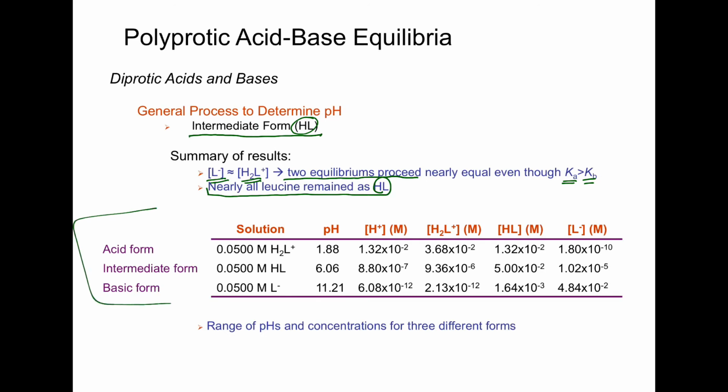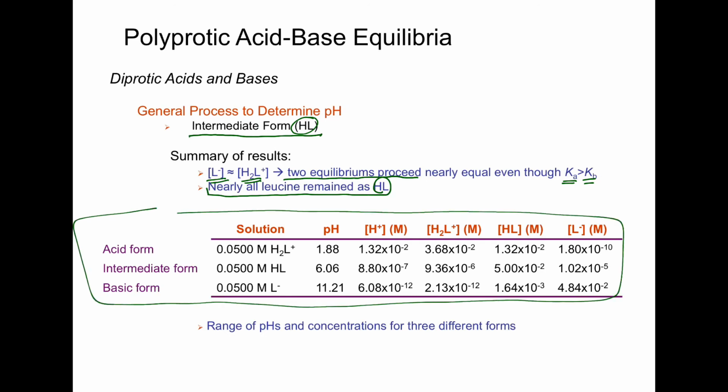What we have here is just a summary of the three calculations we did, where we had 0.05 of the acidic form, and we treated it that way and only used the first acidic equilibrium. We have it where we started off with 0.05 of just the basic form, and we treated it as a first base equilibrium.